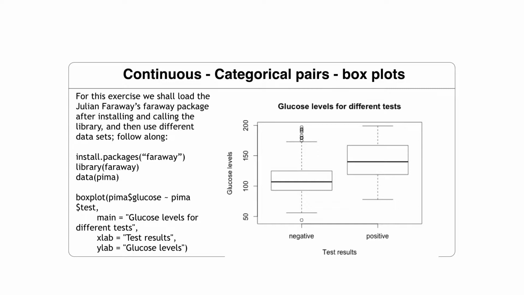You can get the 25th percentile, which is the value which demarcates the lowest 25% from the remaining 75% of the values. You get the median, which is the exact midpoint, the 50th percentile. You get the 75th percentile, and then you get the maximum range that will be defined by a value which is roughly around 1.5 times the interquartile range from the median point.